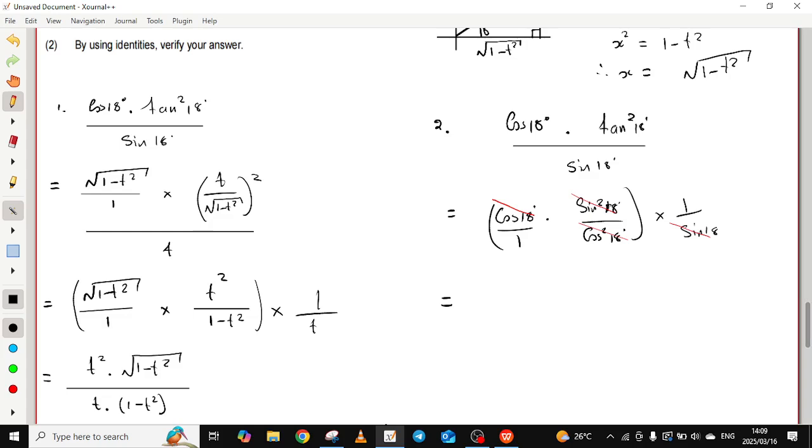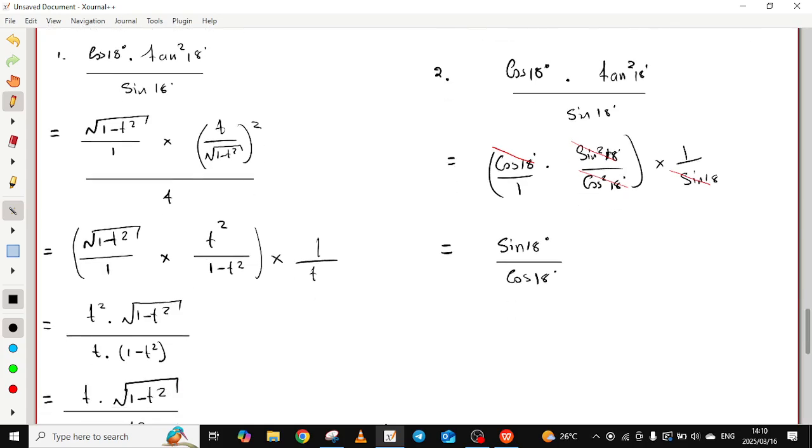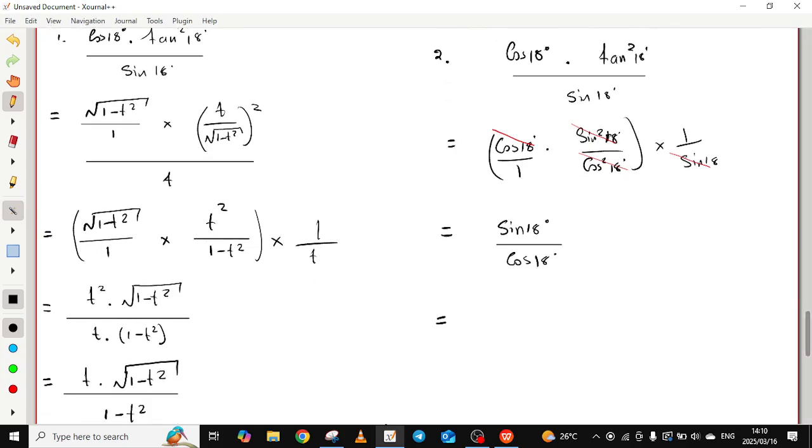We are going to be left with, this is beautiful, 1 of the sine 18s here, so sine 18 divided by 1 of the cos 18s here, because there were 2, which is just cos 18. Interestingly enough, sine 18 over cos 18 will just be tan 18 degrees.